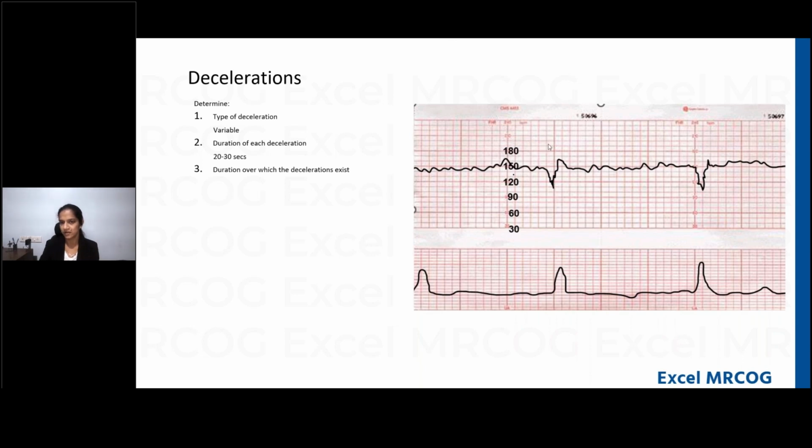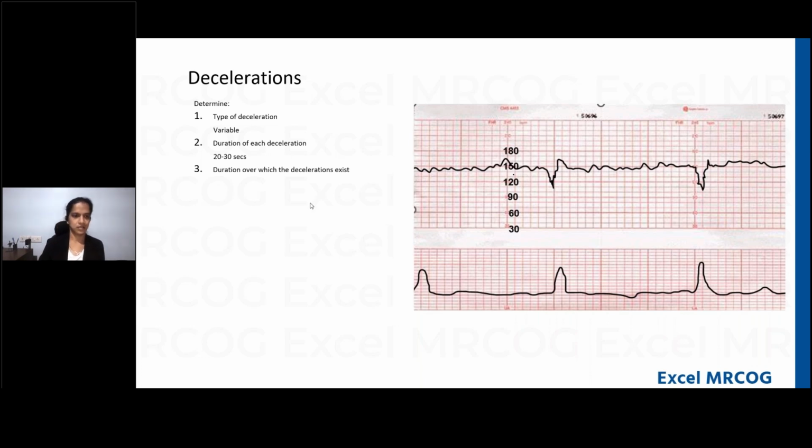This one square, this second square, this third square. One square is 1/3 the minute. What is 1/3 the minute? 20 seconds. So this deceleration is approximately 20 to 30 seconds. I'm saying 20 to 30 seconds because it's going a little beyond this. Correct? Okay, got it.